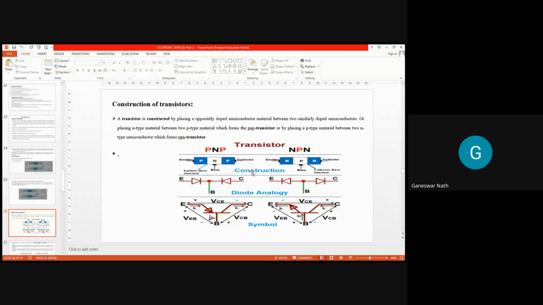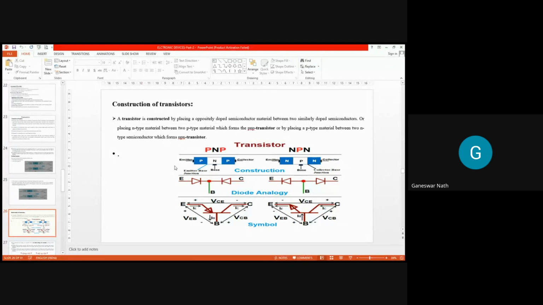A transistor is constructed by placing an oppositely doped semiconductor material between two similarly doped semiconductors, that is, placing N-type material between two P-type materials, which forms the PNP transistor, or placing a P-type material between two N-type semiconductors, which forms the NPN transistor.